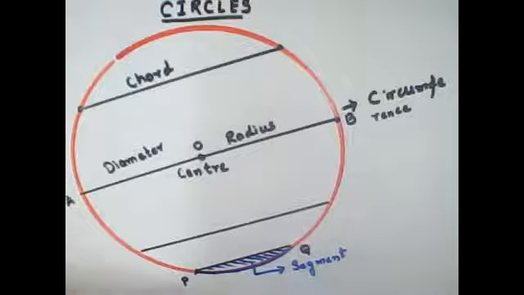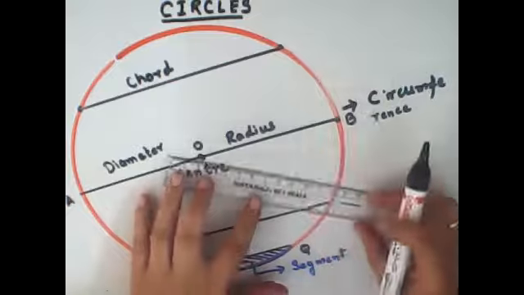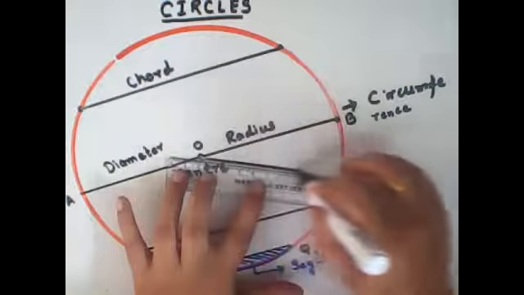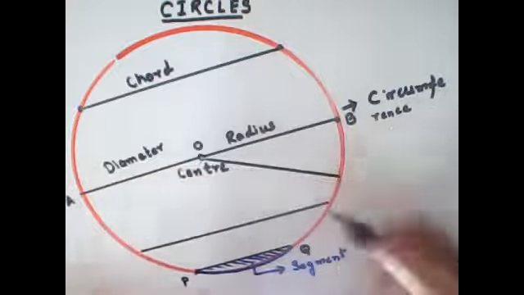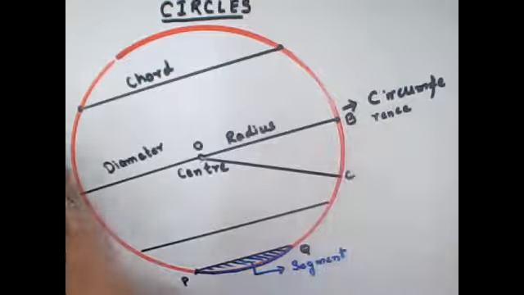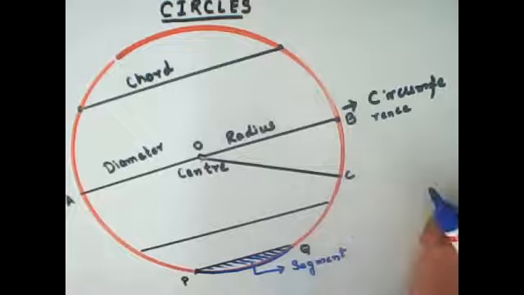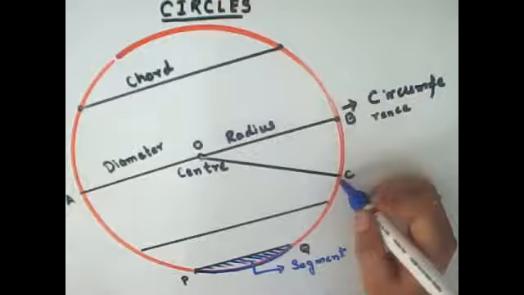Also, if you have two radii, OB and OC are two radii, and an arc BC.